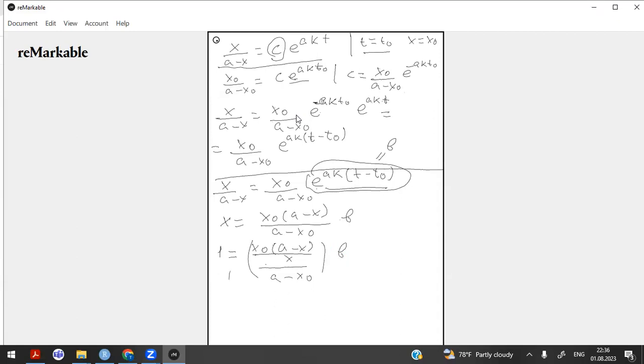So we can just put this b to this side. So we divide both sides by b. So we'll have here 1 over b.